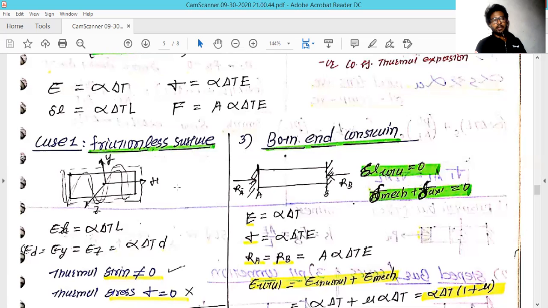The thermal strain will be there, but there will be no stress in this rod.